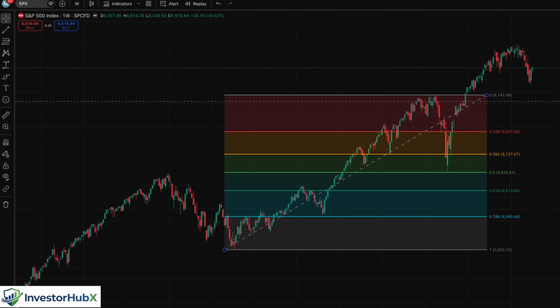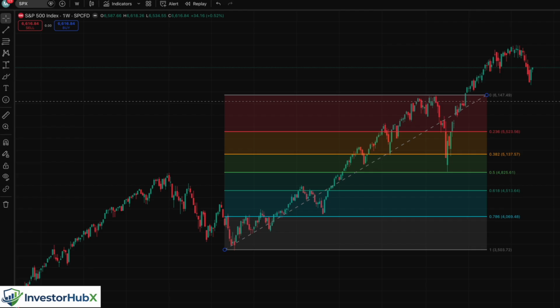It often reacts at these levels, around 0.236, 0.382, and 0.5. These levels can act as areas of support, where buyers step back into the market. The market pulls back, but not randomly. It respects structure.